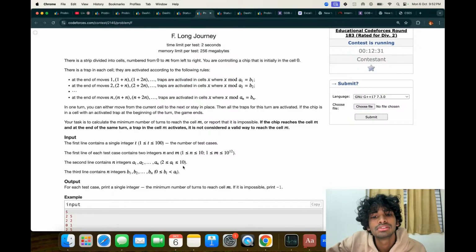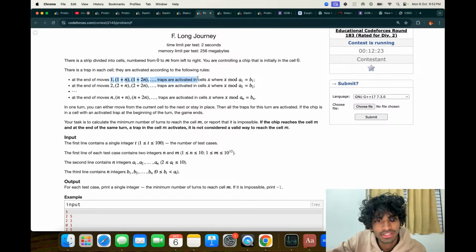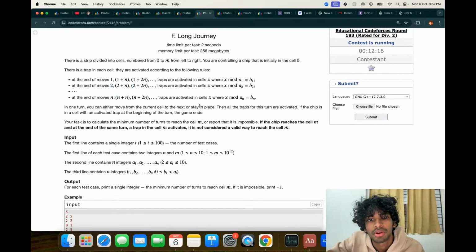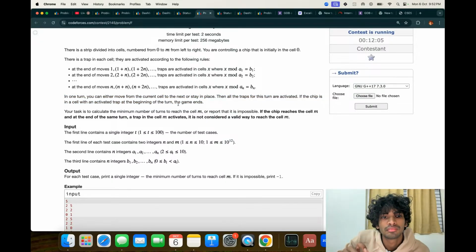You have a number n, you have numbers ai, both are small. At the end of first moves, these are all activated. At the end of moves 2, they are all activated. At the end of n moves, all of them are activated. In one turn, you either move or stay in the same place, then all the traps for this turn are activated.